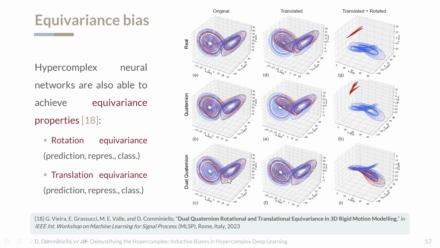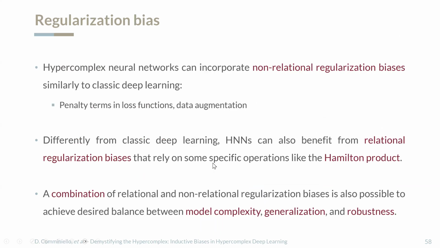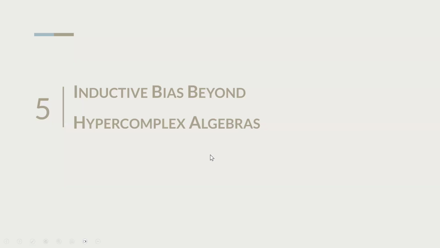When we have translation and rotation, for instance, with dual quaternions, we are able to track this kind of system, and this is very useful, and we will see in some examples. Also, we can apply regularization methods similarly to real valued problems.